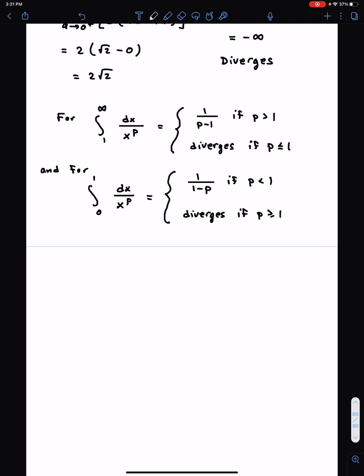But you will always be able to write these in terms of limits and then evaluate each integral using the techniques that were covered.